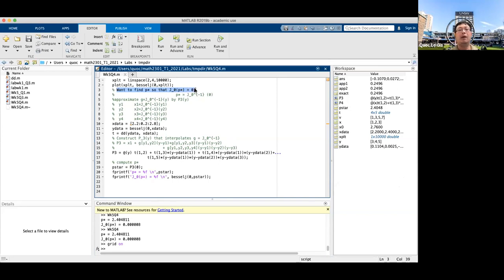And then it means that P star is J0 inverse of 0, right? And we approximate J0 inverse by P3. Okay. So after we got P3, we have to put in 0 to approximate J0 inverse of 0. Okay.